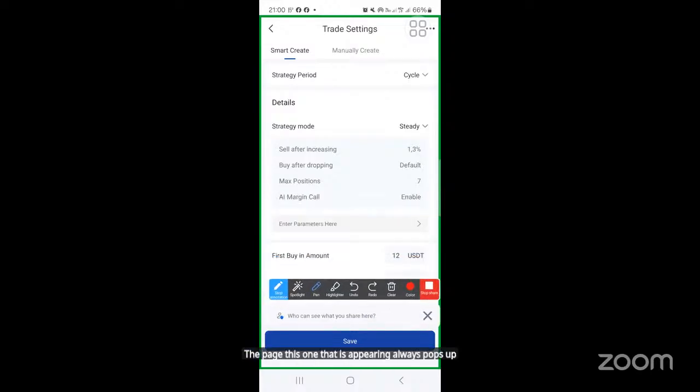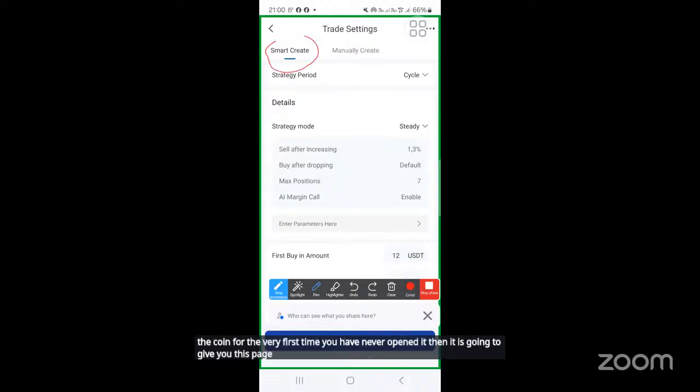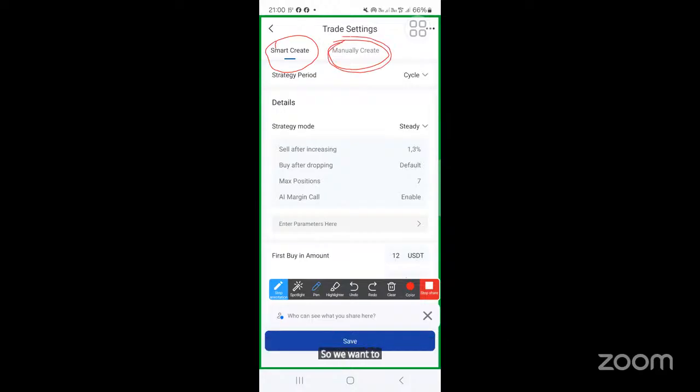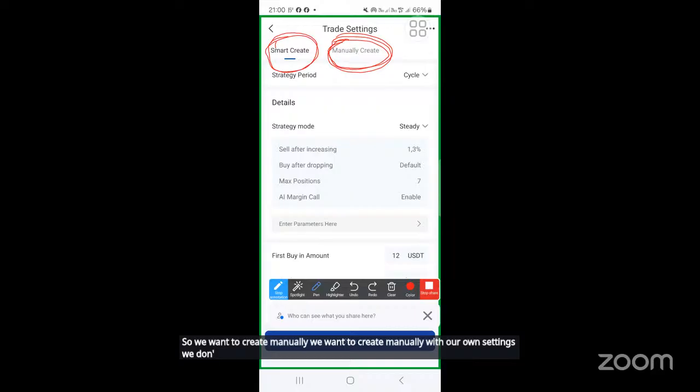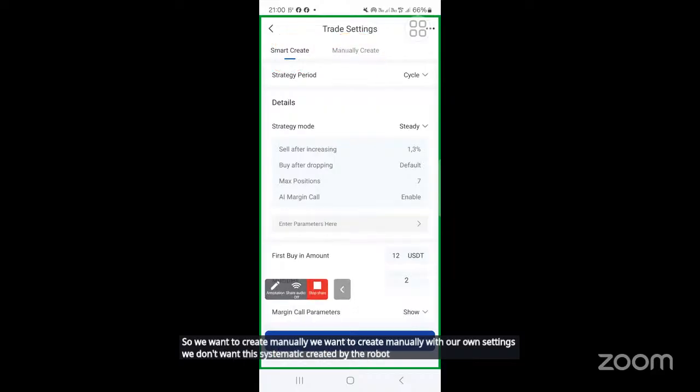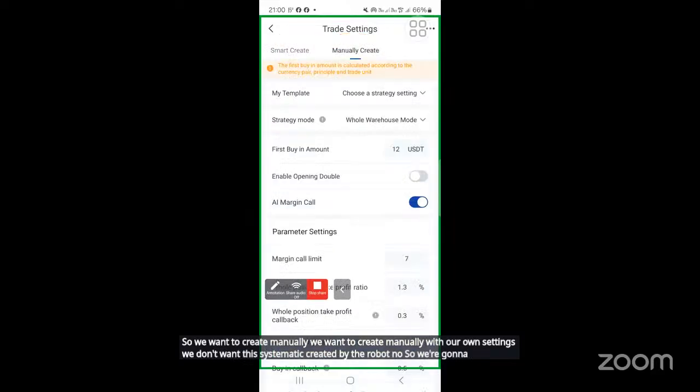Then it gives you this page where it shows smart create and manual create. Right? So we want to create manually, with our own settings. We don't want this smart create by the robot. So we're going to tap on manual create.